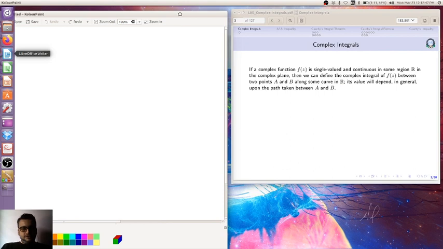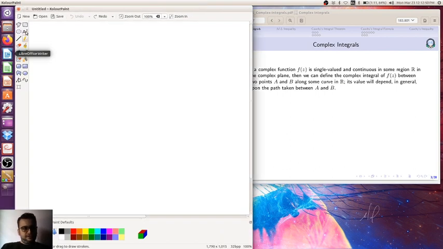Okay, so let us say I have one point here. This is the point A, and another point B over here. Now let us say there is some function f(z) which is defined.